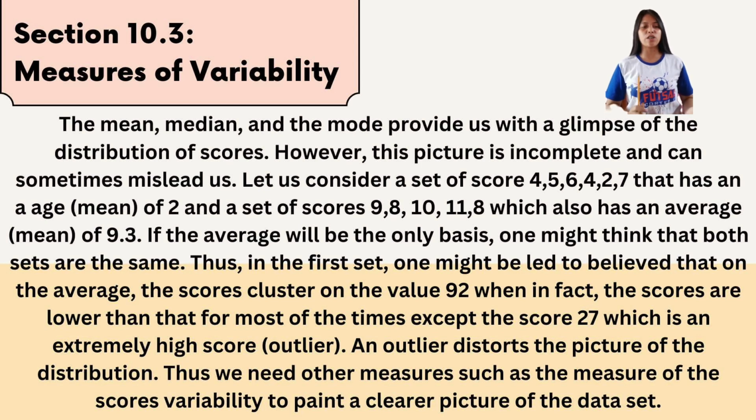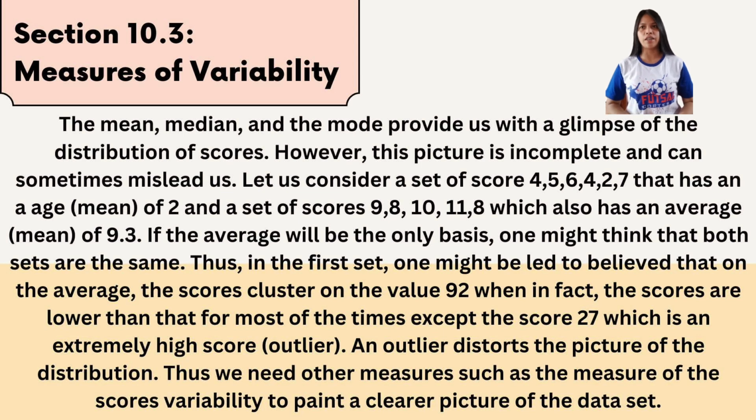Let us consider a set of scores 4, 5, 6, 4, 2, 7 that has an average or mean of 2, and a set of scores 9, 8, 10, 11, 8 which also has an average of 9.3. If the average will be the only basis, one might think that both sets are the same.